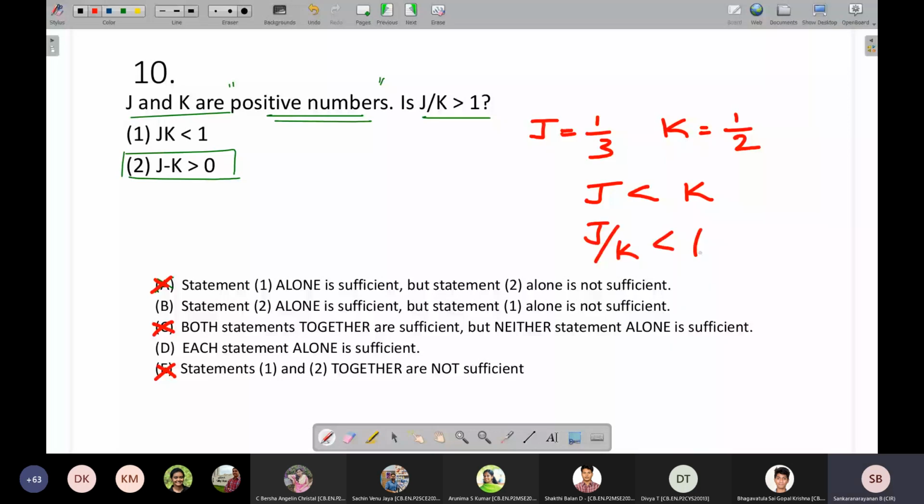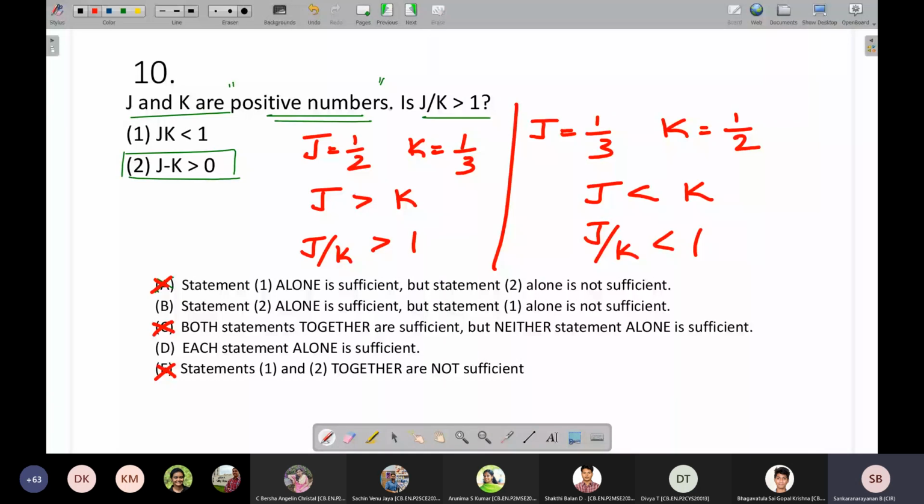But if I change the values, say j is equal to 1 by 2 and k equal to 1 by 3, interestingly, I can see that j is actually more than k. But when I consider j by k, this value is more than 1.